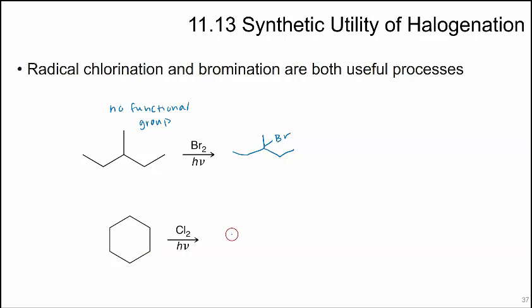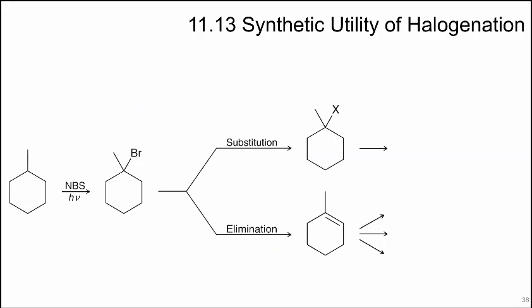If there's only one type of proton available in the whole thing, you can use chlorination. But that one is a difficult one to control because it can react with many things. So in a synthesis reaction, if you're trying to target something that doesn't start with a functional group, you want to be able to add a functional group to that. This methyl cyclohexane, we add NBS to give us a functional group handle. You can do a substitution then, or you can do an elimination, and then there's other possibilities of reactions from the elimination.